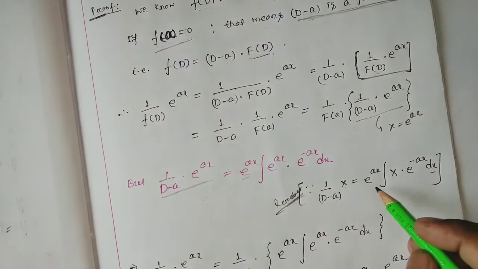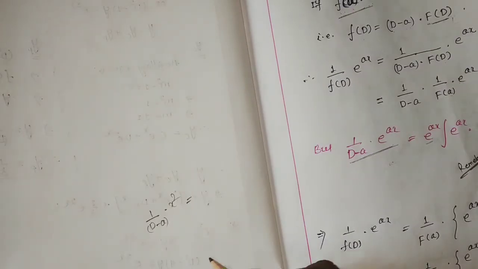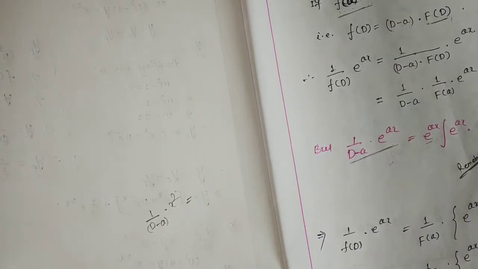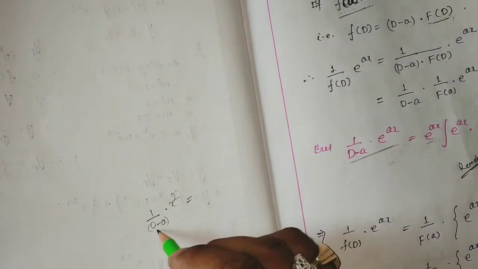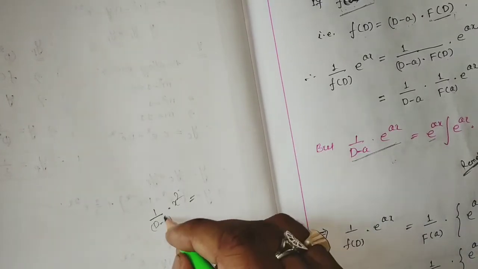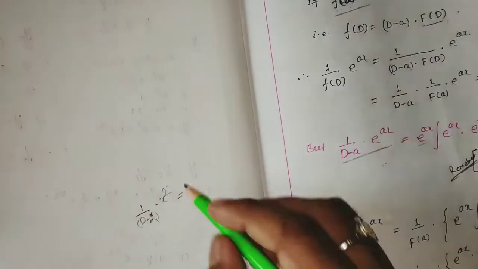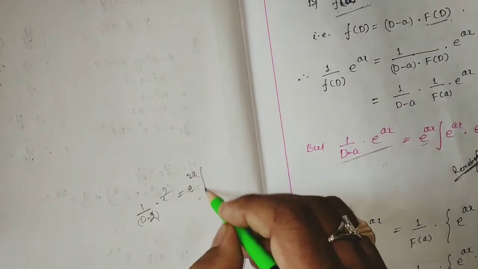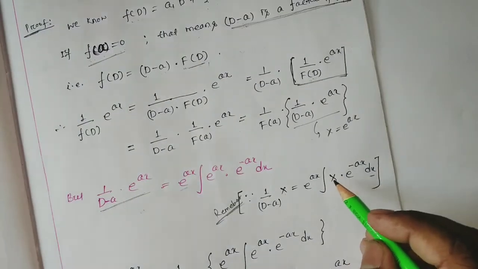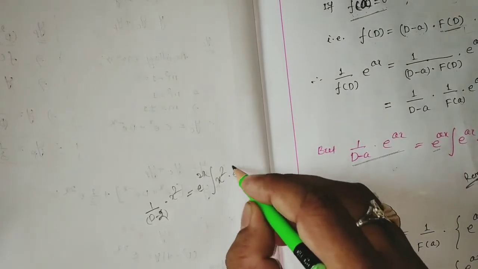So this value will be nothing but, in general, e to the power ax. Suppose I take this a value as 2. Then as per this rule, e to the power 2x, integration of, instead of X, X square is the function, X square into e to the power minus 2x dx.